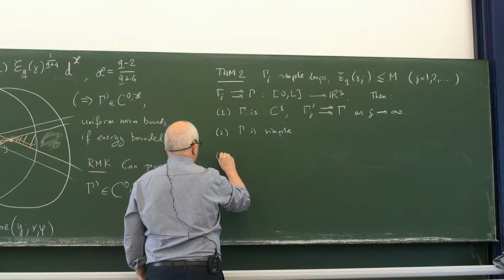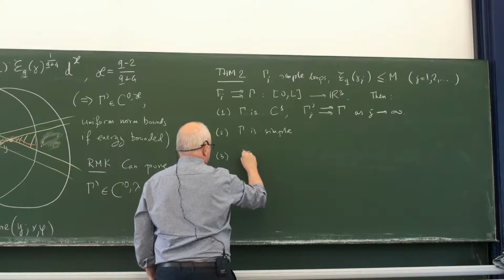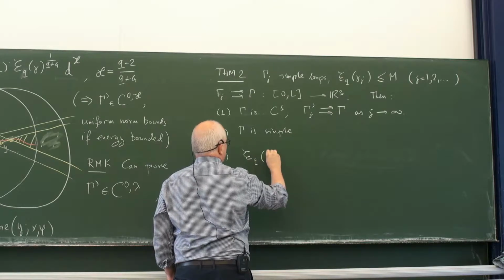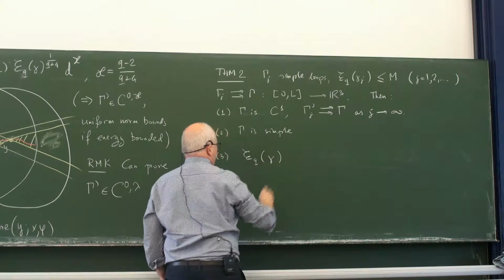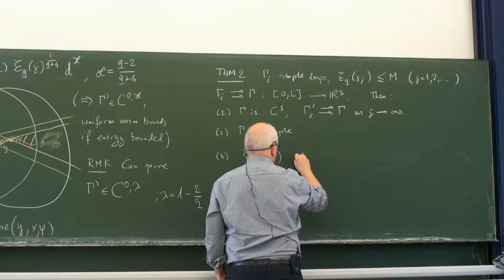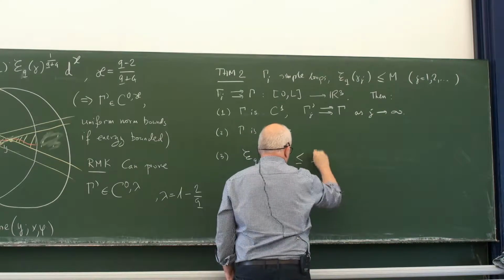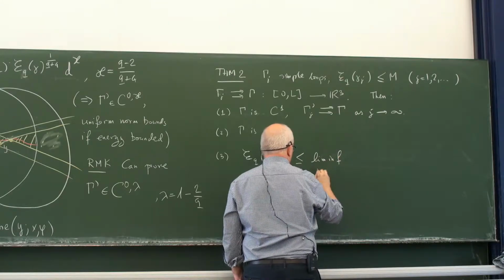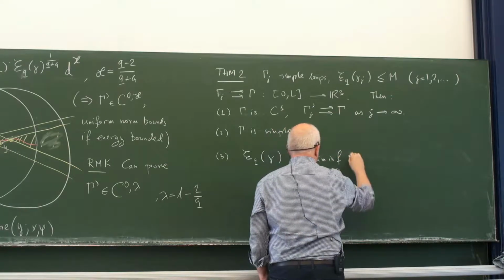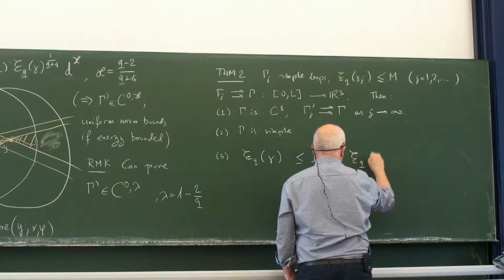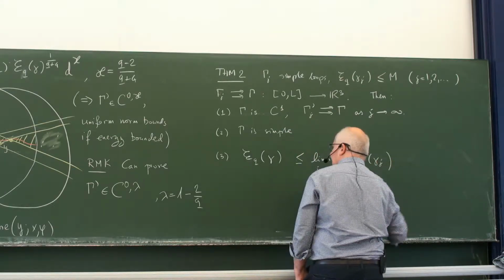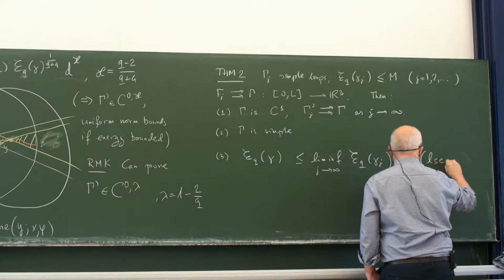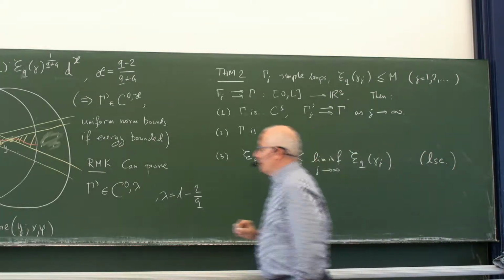And the last condition says that the energy of this limiting loop gamma is less or equal than the limit inferior of the energies along the sequence. So your energy is lower semi-continuous.